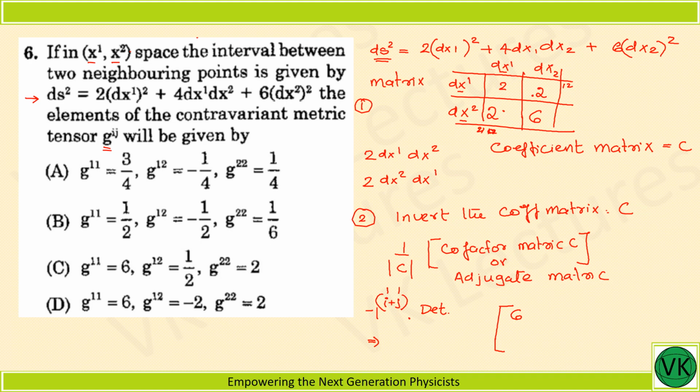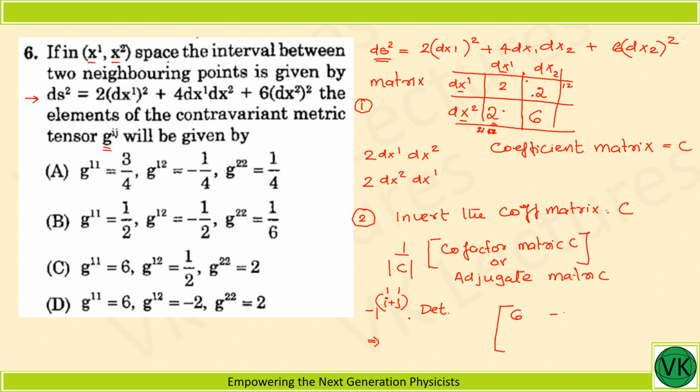For the second element, first row second column, this row and column go and 2 remains, with a minus sign, so minus 2.